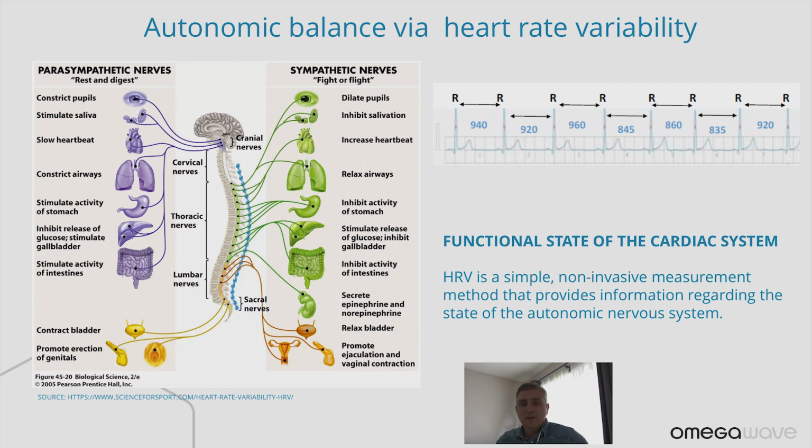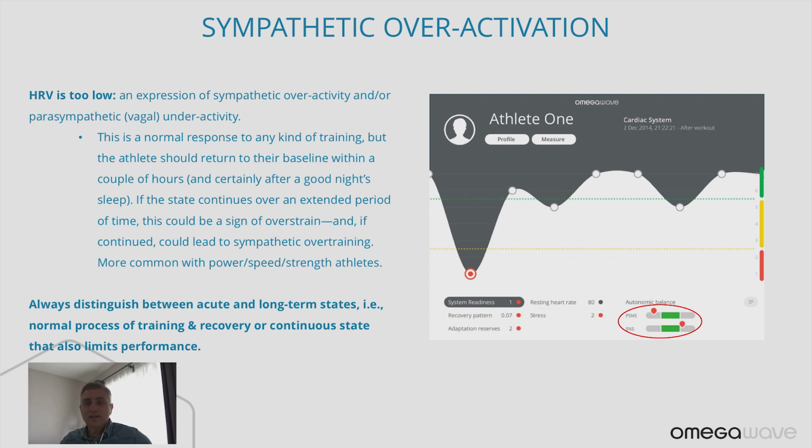Based on analysis of heart rate variability, we can determine a couple of things. In particular, the sympathetic and parasympathetic contribution to the regulation of the cardiac function. Based on the level of activation of the sympathetic or parasympathetic system, we can determine what suitable volumes and intensities of training athletes can undergo in each state. So, for example, people who are highly sympathetically dominated respond much better to stressors of very low intensity, even if those stressors are of moderate or high volume.